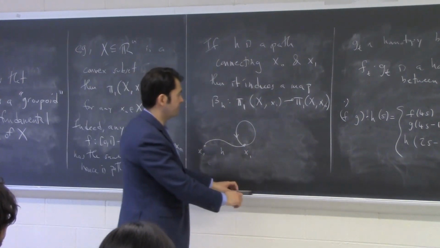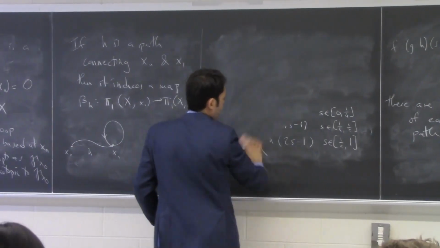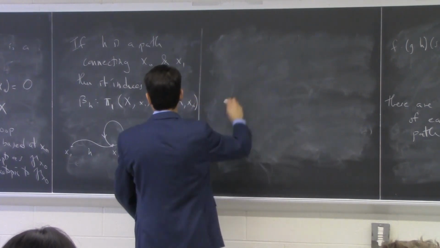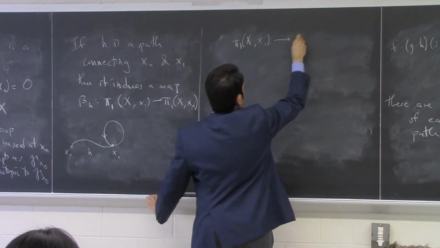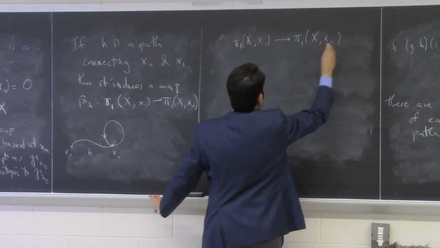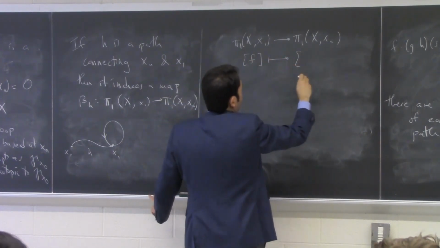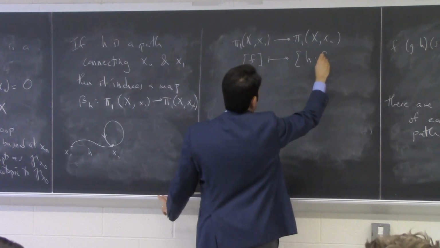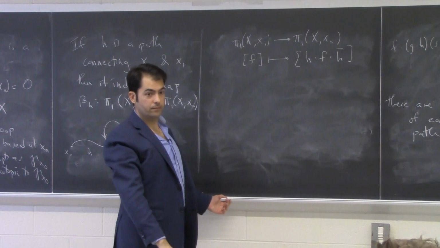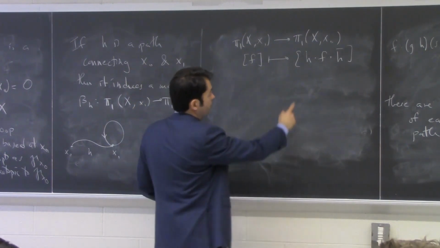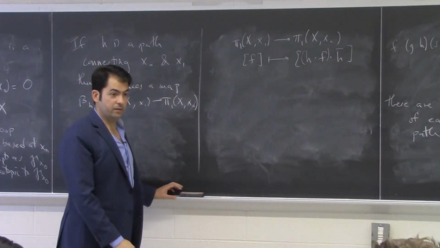So you give me a loop based at x1, and I send it to: first do H, then do that loop, then get back. And of course, it's associative with homotopy classes, but just for the sake of definiteness, let's say you do that one.